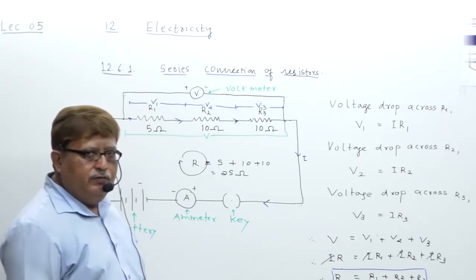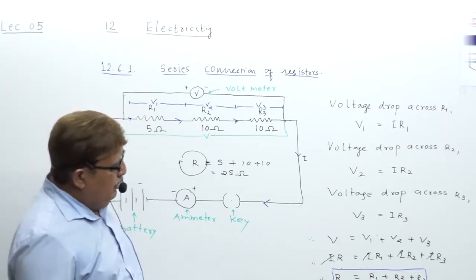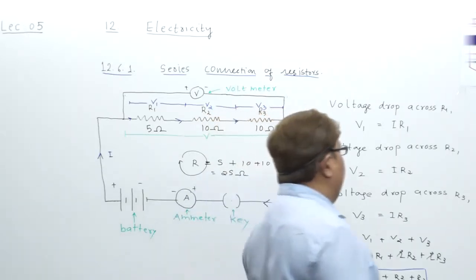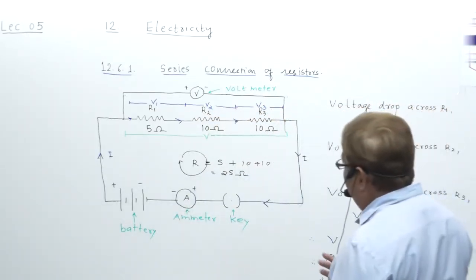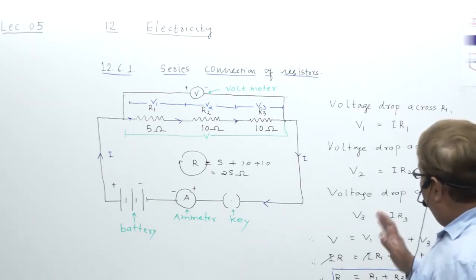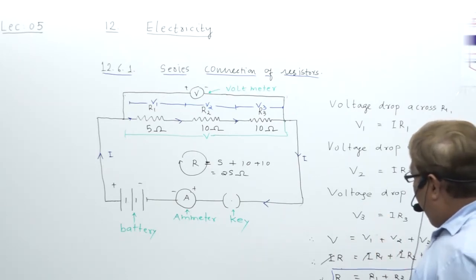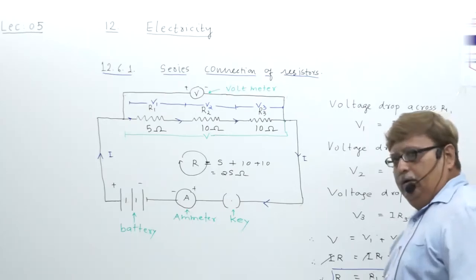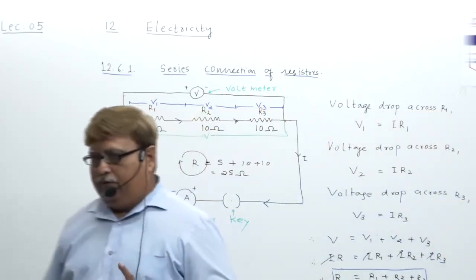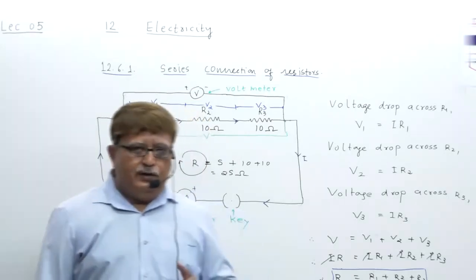That is sufficient for you. Okay, now my dear student, this explains to you the series connection of resistors and how to get the formula of total resistance or equivalent resistance.